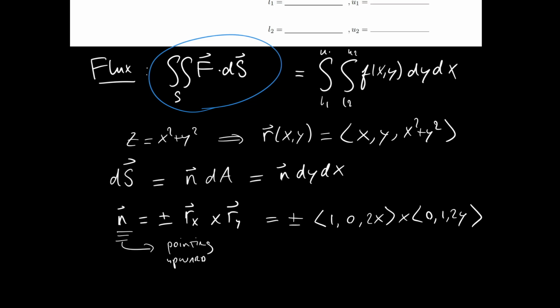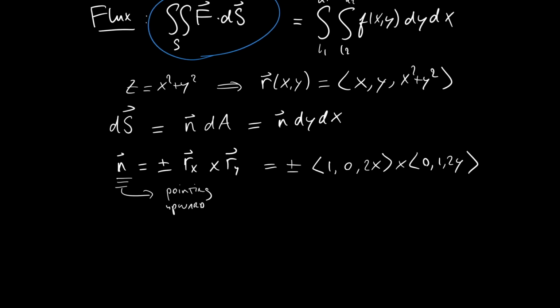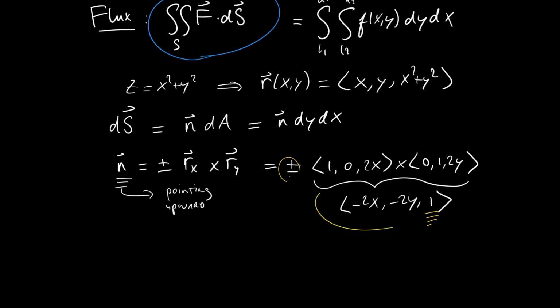If we work out that cross product, we will obtain the following vector: (-2x, -2y, 1). Just notice that this vector is already upward pointing, so we can ignore the plus minus. We have chosen the plus one here, which gives us this normal vector. This is exactly the one that we are looking for.